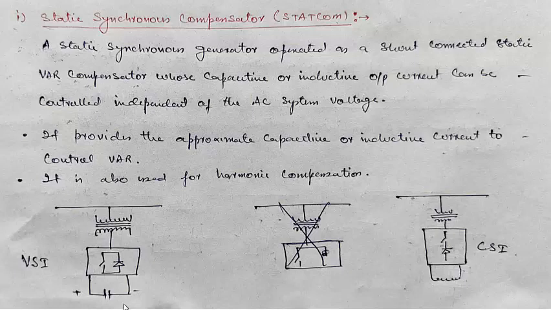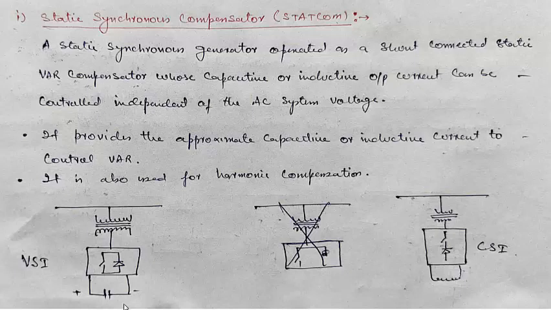To differentiate it from the other synchronous compensator, static has been introduced, that is static synchronous compensator, and it avoids the problem of dynamics of the synchronous condenser as well. So you must have now understood where this name comes from.